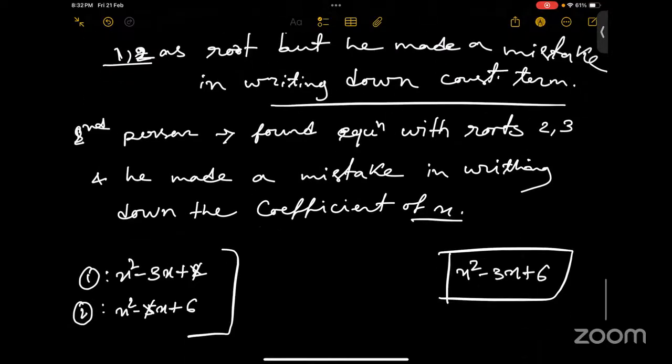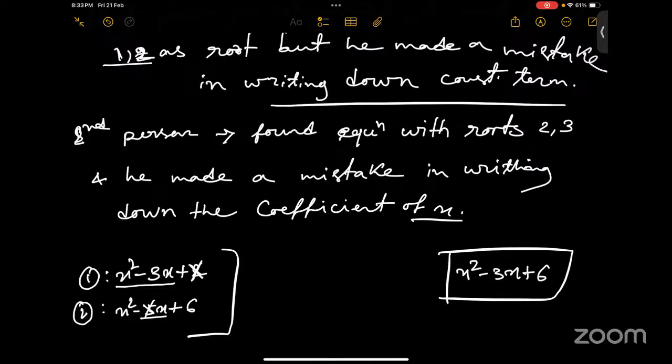That means in the first equation, the constant term is not the correct one, but the coefficient of x and the coefficient of x square are correct, right? In the second equation, the second person found the equation with roots 2 and 3, but he made a mistake in writing down the coefficient of x. That means here the coefficient of x is not correct, but the constant term and the coefficient of x square are correct, right?